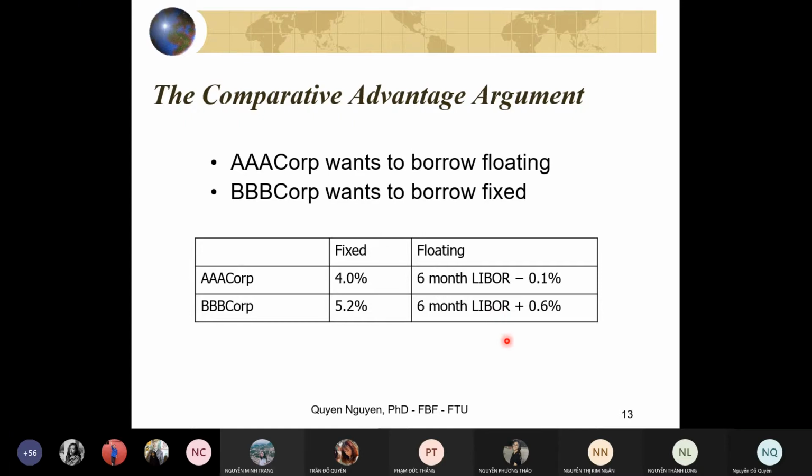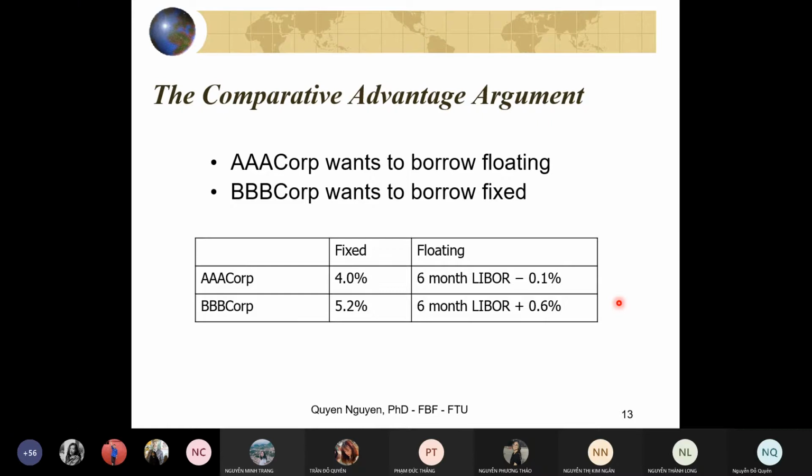So now we have to establish the swap agreement between AAA and BBB. If it does not contain the help of the financial institution, we do not have any involvement of any bank in between, then they will sign the contract directly with each other. But if we have the help of the financial institution, then obviously it will receive some commission, right?